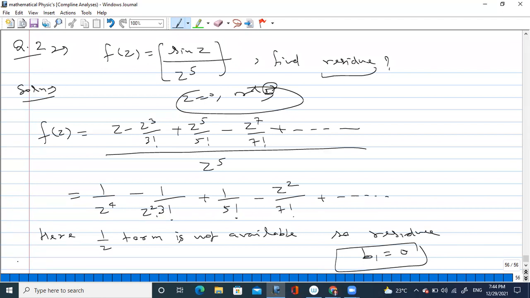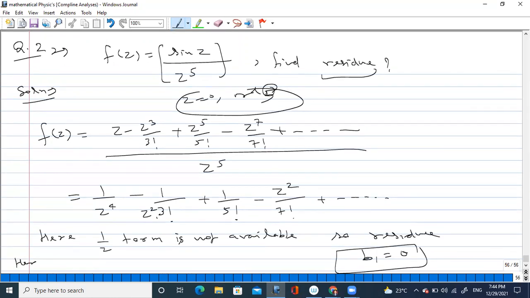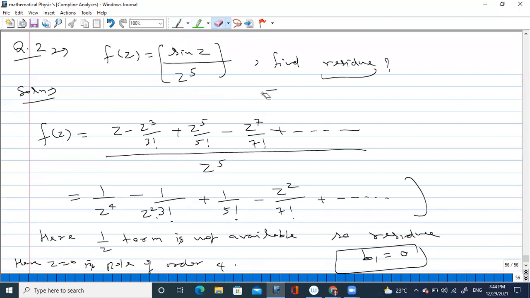So then you can say that z equal to 0 is a pole of order 4. So the final equation is what gives you the order. Okay. Note down this.